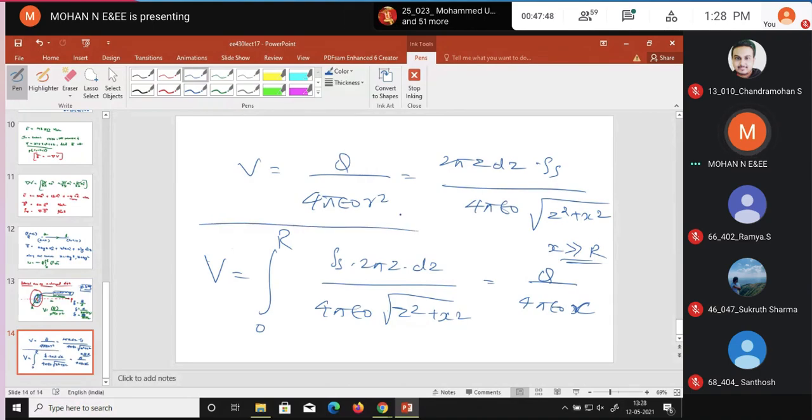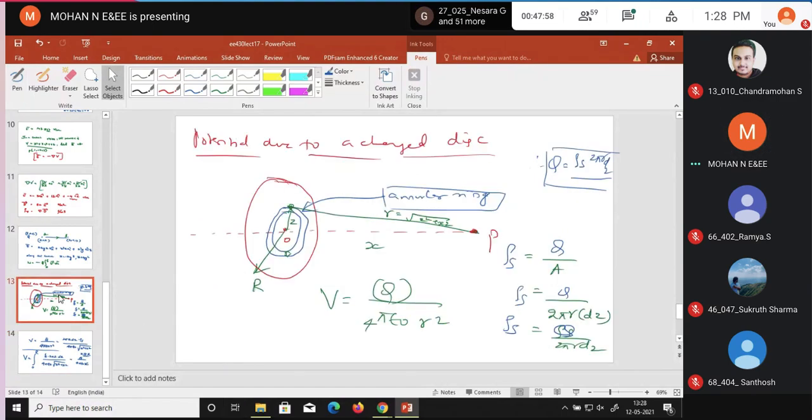So this is the potential due to a charged disk. I have to use this as 2 pi z, since the annular ring I'm considering has radius z instead.